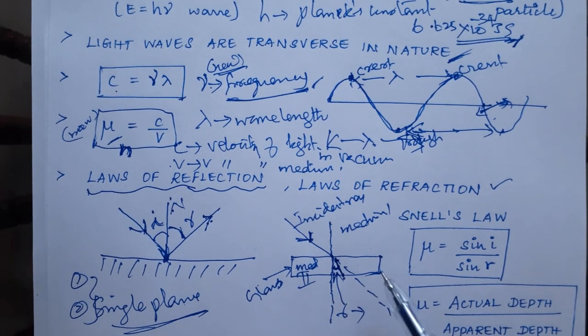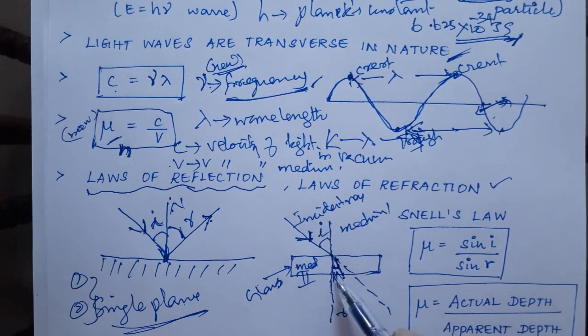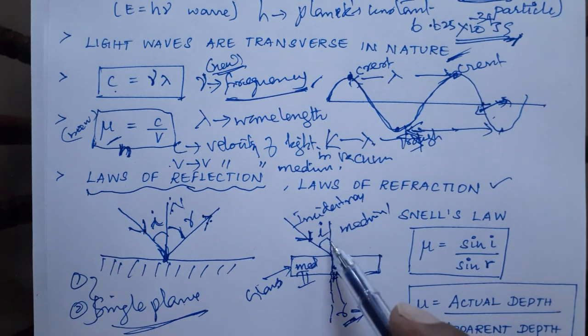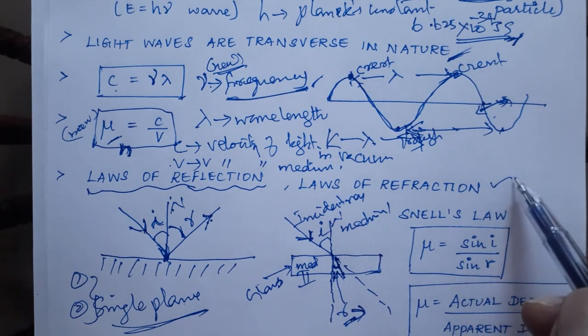Refraction requires two media. Angle of incidence is I, angle of refraction in the second medium is R, that is, the angle subtended by the refracted ray within the medium with the normal. The incident ray, the normal and the refracted ray all lie in a single plane. That is one law on refraction.